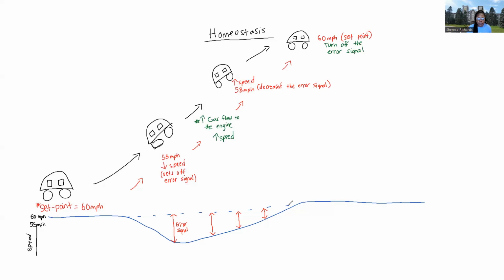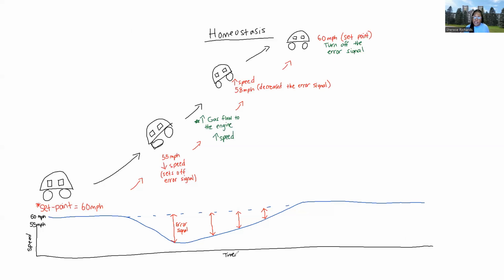All right. Okay, and we're actually looking at speed against time here. So let's just fill this in. So it's how fast the car is going, and then time here on the X. All right, so this is our illustration as far as our homeostasis example.